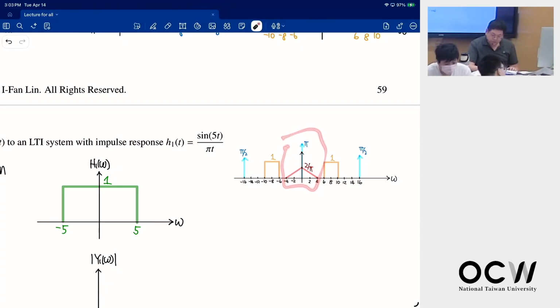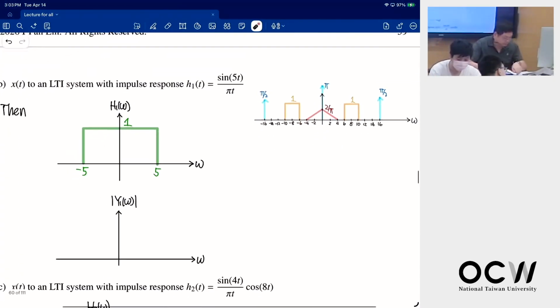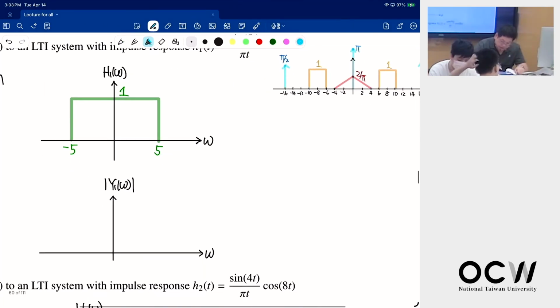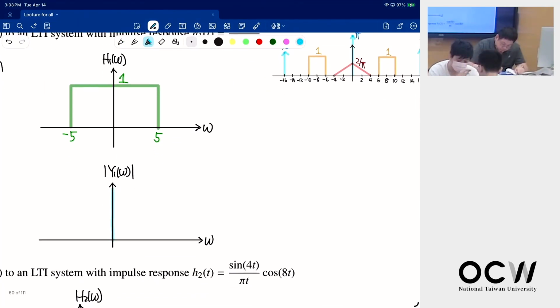So when I multiply these two functions, I only preserve this part. Let's just plot it here, which means I have pi at 0, and from -4 to 4, we have the peak at 2 over pi.